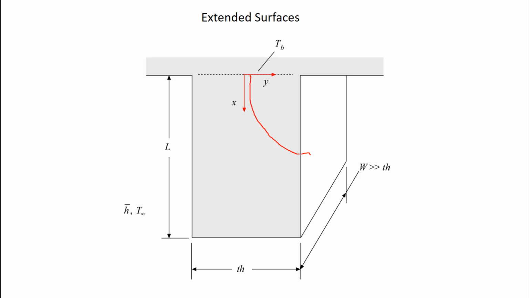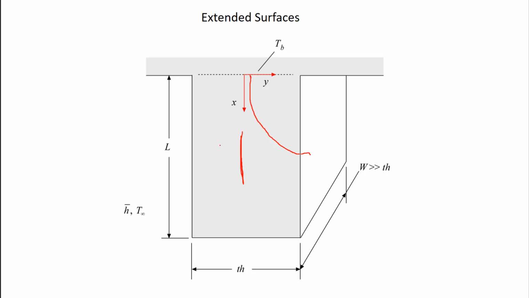So this is not like problems we've talked about before, where conduction was only happening in one direction and therefore temperature gradients are only in that direction. Here we have conduction happening in both the x and the y direction, and therefore it's unavoidable that we will have temperature gradients in both the x and the y direction. This is a two-dimensional problem, right? Temperature in this fin is going to be both a function of x and of y.